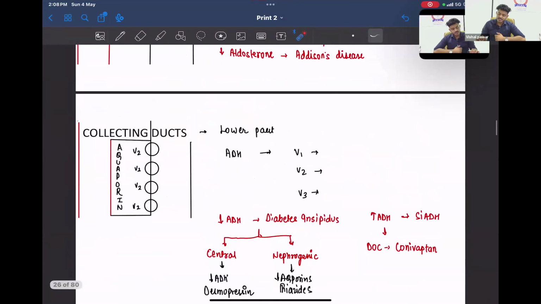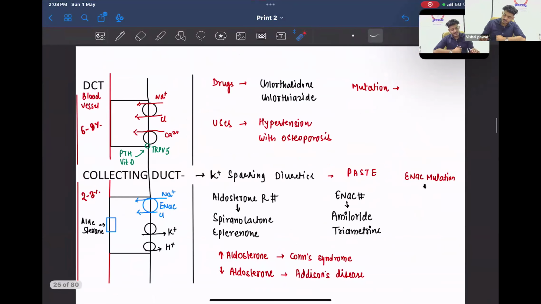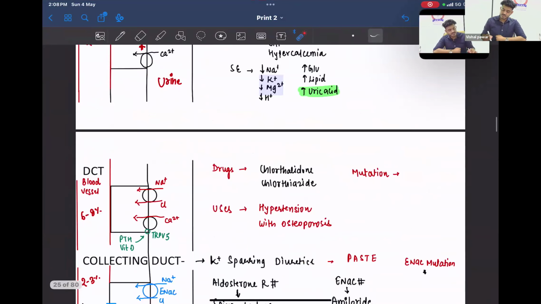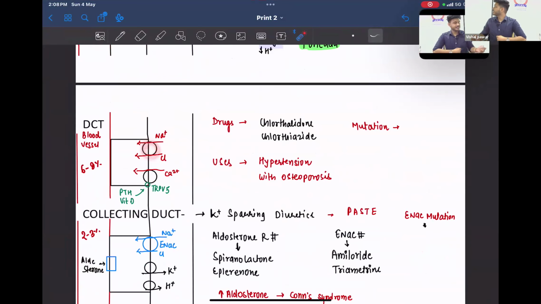So what is going to be the thing we are having here? Let's talk about the DCT again. So DCT will be having this particular pump, which is the sodium chloride pump. If I'm blocking this pump, do you think this sodium is coming inside?